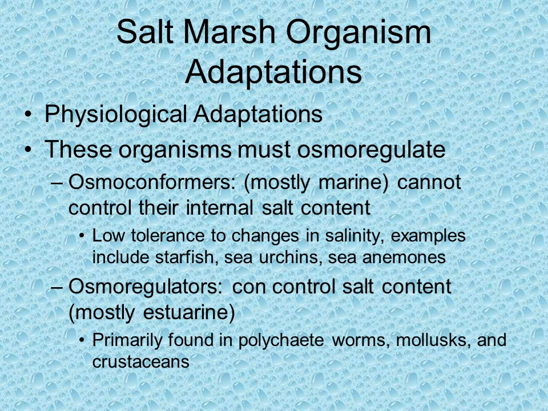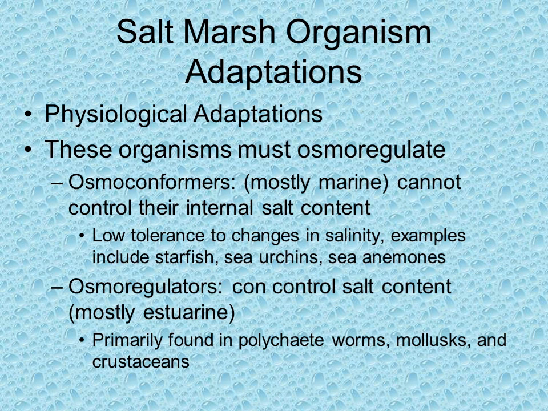Now, there are physiological adaptations that take place. They have to osmoregulate. And that brings up two types of organisms and how they do this. There are osmoconformers that are mostly marine, and they can't control their internal salt content, so they can't really tolerate any kind of changes. These are more of the stenohaline species that you saw on that graph from the previous lecture, and they include things like starfish, sea urchins, sea anemones.